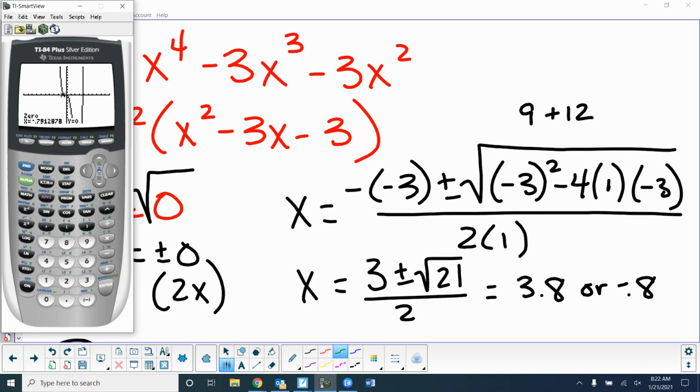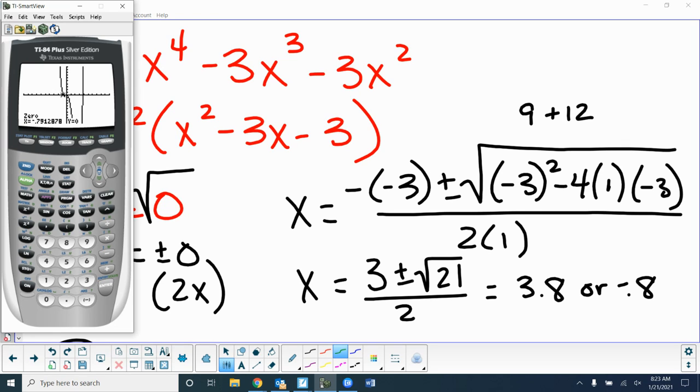And then guess, there's a negative 0.8, that's this one. Or if you want to use negative 0.79, that's okay too. Okay? We know that one's 0.